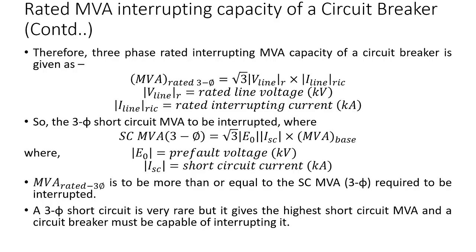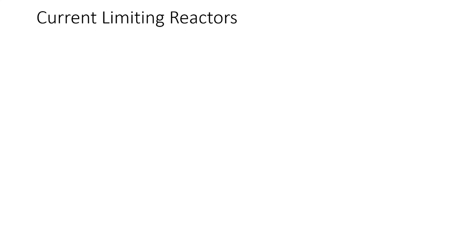It also gives the highest short circuit MVA, and the circuit breaker must be capable of interrupting a three-phase symmetrical short circuit fault. So if a circuit breaker is capable of interrupting the three-phase symmetrical short circuit fault of a line, it is considered to be capable of interrupting the unsymmetrical faults, which give rise to much lesser currents compared to a three-phase symmetrical fault.